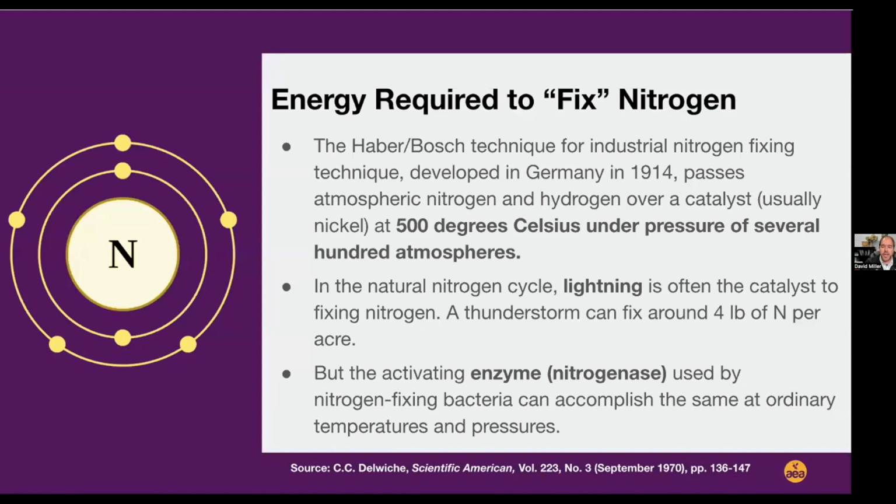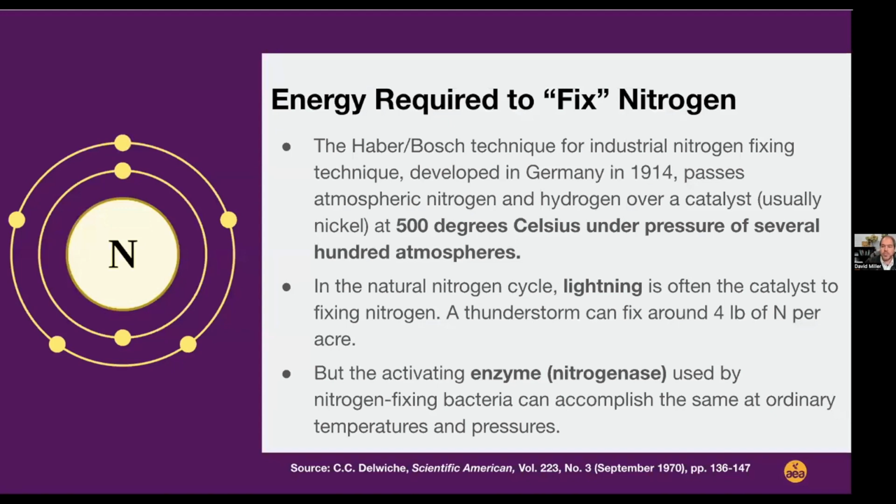But activating the enzyme nitrogenase, which is used by the nitrogen-fixing bacteria, can accomplish the same thing at ordinary temperatures and pressures. That's what they do: take the nitrogen from the atmosphere, convert it into a plant usable form, and it just works.